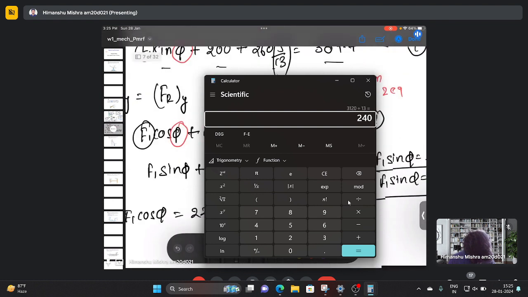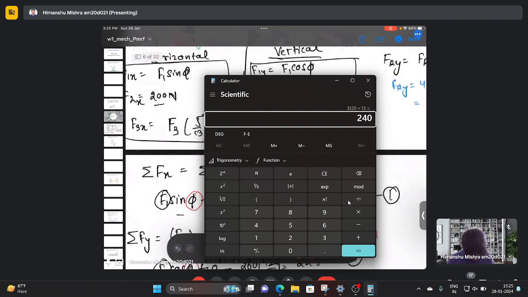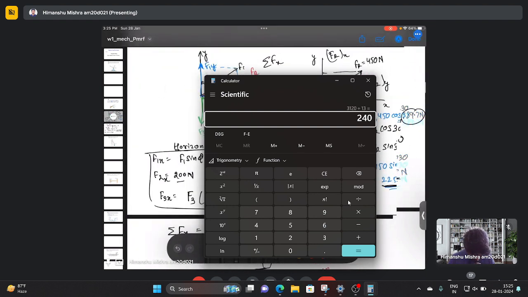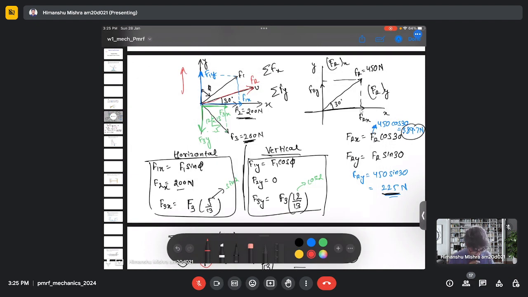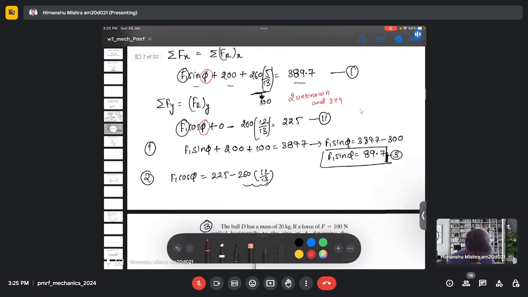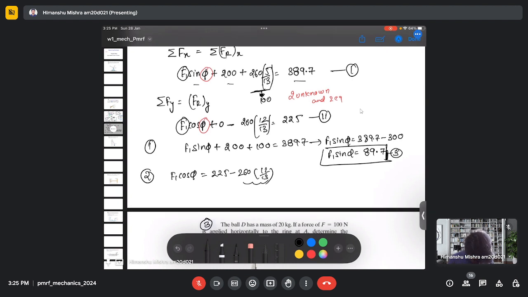Sorry, so this would be the minus sign here, because the F1 component is going along the positive y axis, and so does the resultant force in the y direction, but the F3 component is going in the negative y direction. So F3 in the y direction will be negative here, so this will become positive.